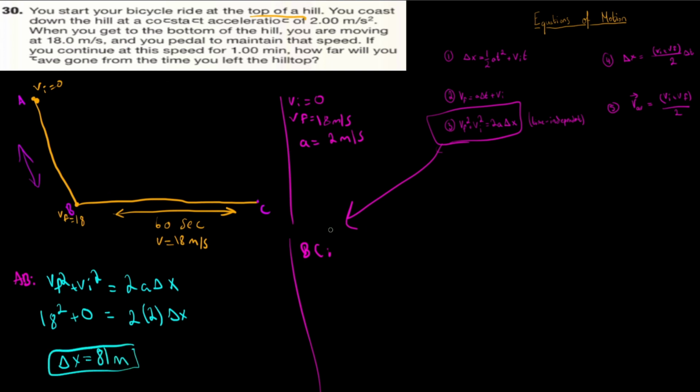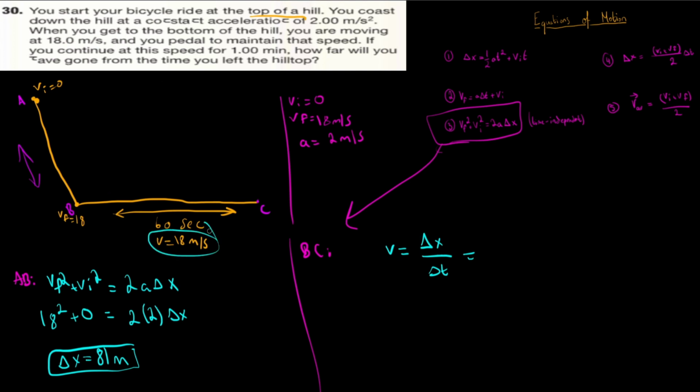Now for the next part, we want to find the distance traveled with time. So now that we have time, we can use the formula velocity is equal to delta x over delta t to find the displacement, since it's average velocity, right?